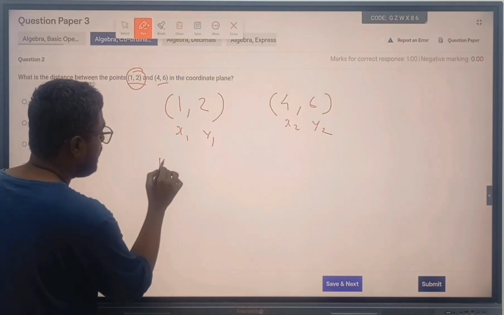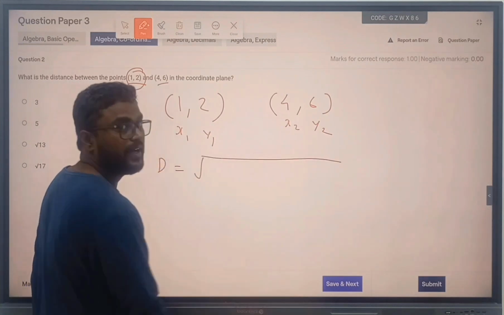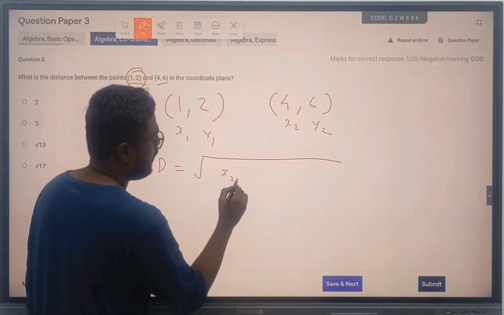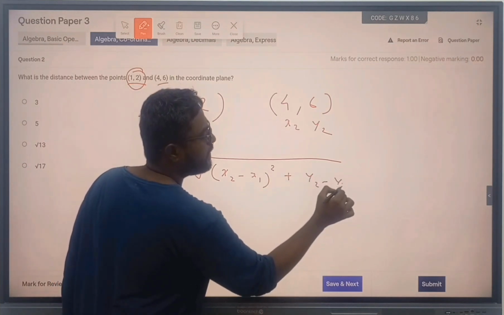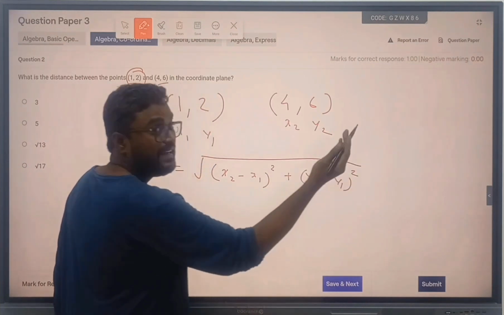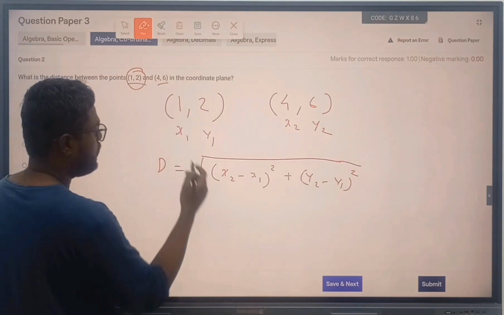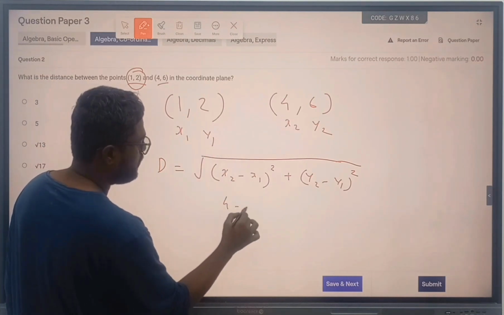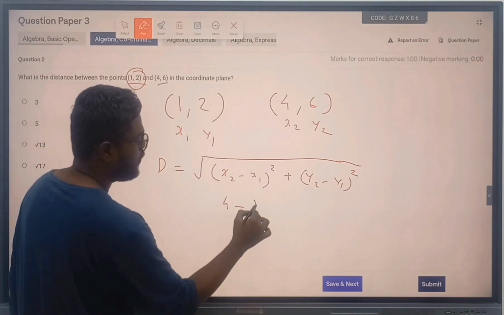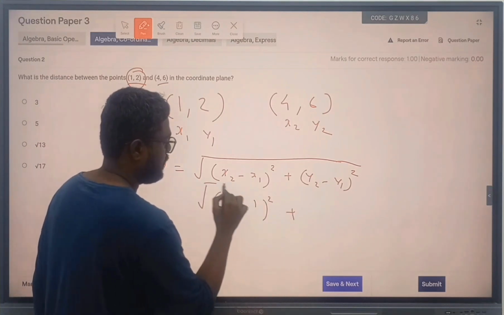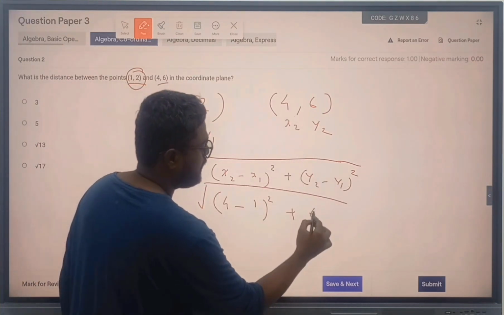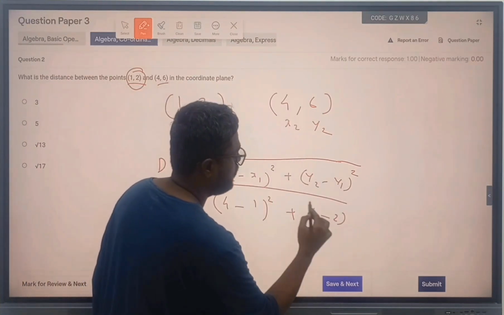And the distance formula is nothing but square root of x2 minus x1 whole square plus y2 minus y1 whole square. Let's substitute the values now. So x2 is 4 minus x1 is 1 whole square plus y2 is 6 minus y1 is 2 whole square.